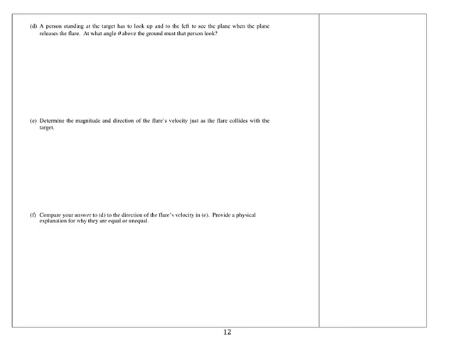Alright, so part D asks us, a person standing at the target has to look up and to the left to see when the plane releases the flare. We want to know the angle above the ground. Here's the person at the target.